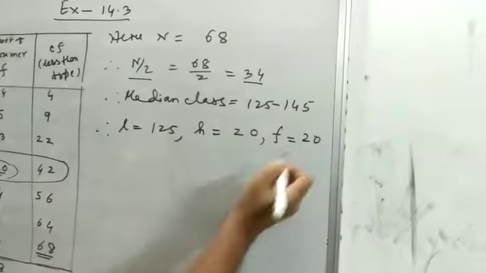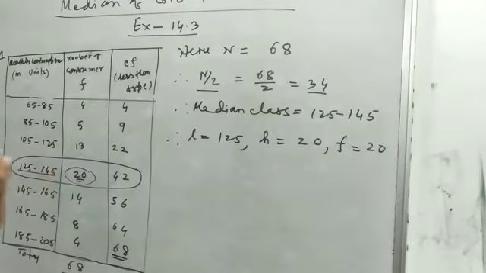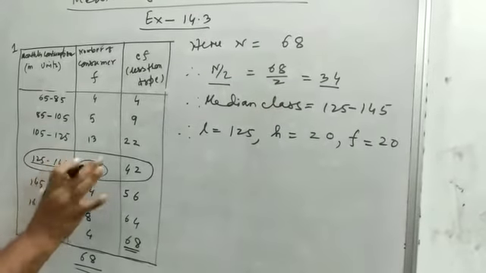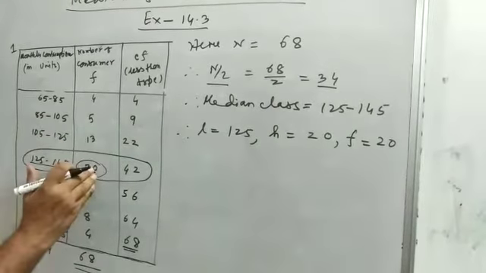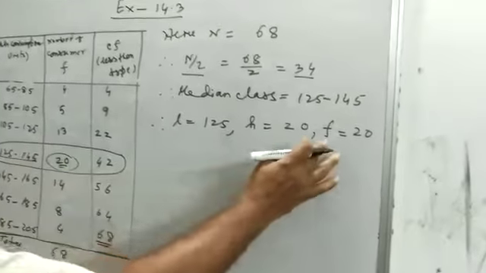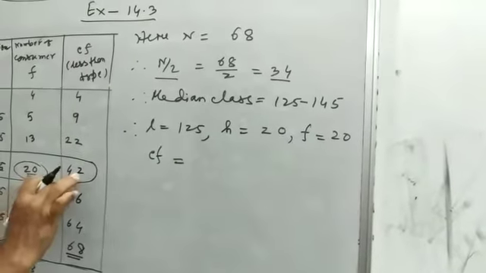Don't say here that the highest frequency is f. No, it is the frequency of the median class. It may be smaller or greater, but the frequency of the median class is f.